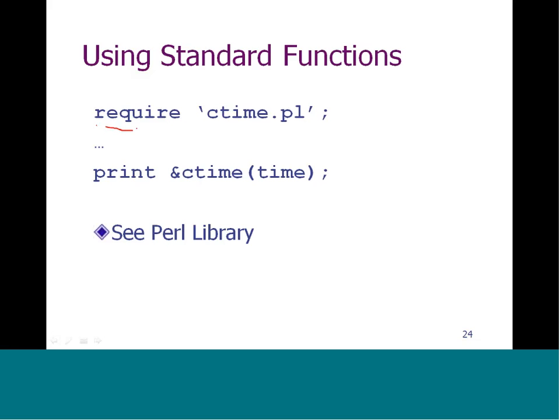The other way to specify a function is to use this particular command called require. This is essentially for functions that are already predefined and kept in the library. When we specify require at the beginning of the Perl script, then this particular function will be incorporated within your program, so that whenever you use the function call it works.